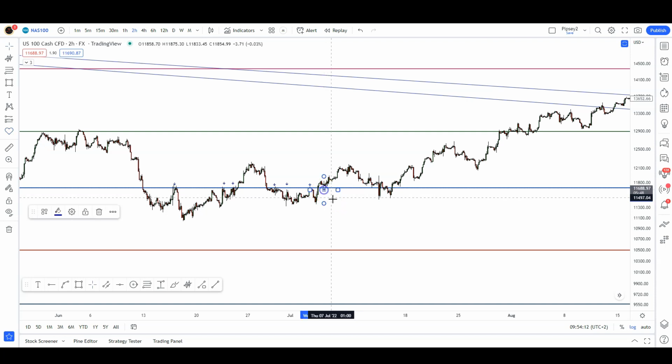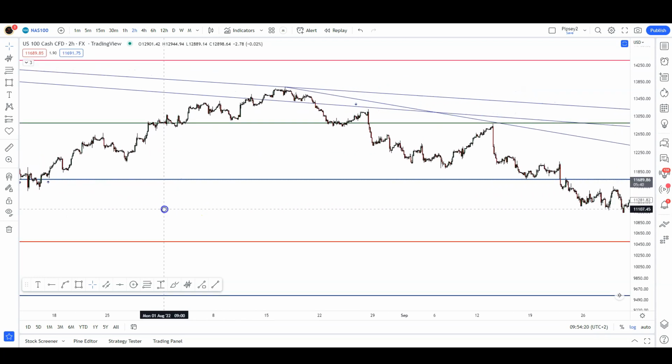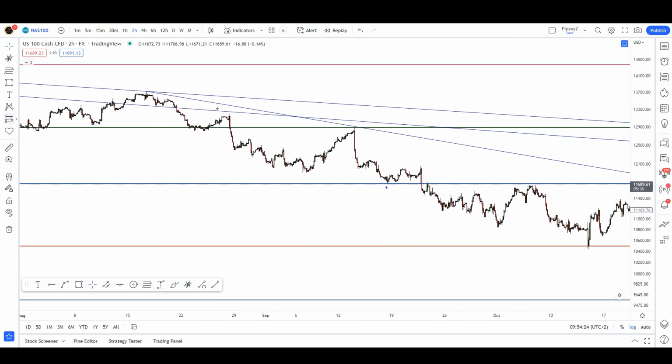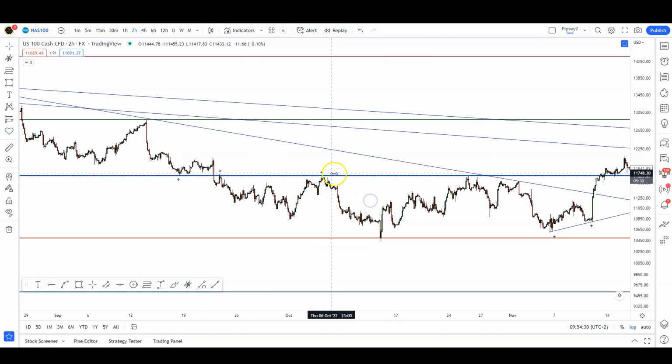Above resistance, forms support. Support, resistance, resistance, resistance.